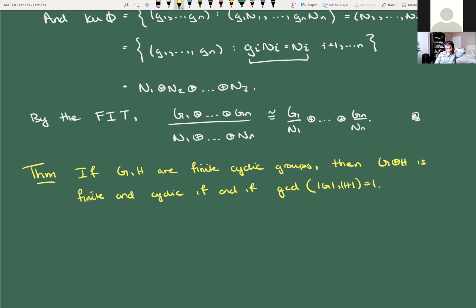Okay? And of course, you can immediately inductively expand this to as many groups as you want. As long as the orders are all pairwise coprime, that immediately extends.